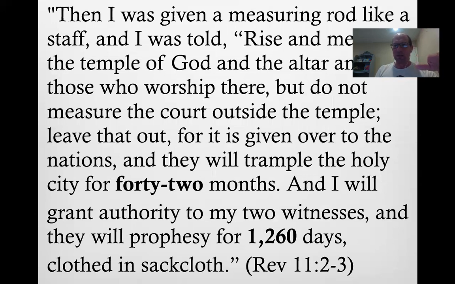So, let's look at a few more. This comes from the passage that Cecilia was asking about, the temple, right? He's given a rod that was like a staff. He's told, rise, measure the temple, don't measure the court. He doesn't actually do it, though; he's told to do it. He's following this pattern of Ezekiel. But anyway, leave that portion out. They'll trample on it for 42 months, and I will grant authority, and they will prophesy for 1,260 days.